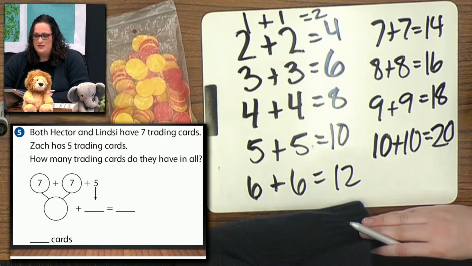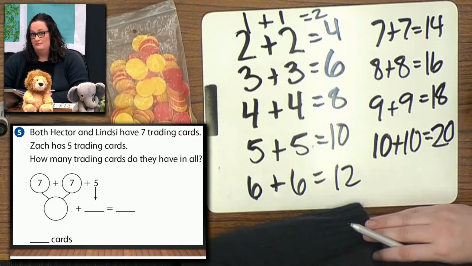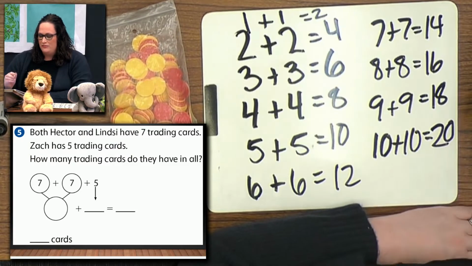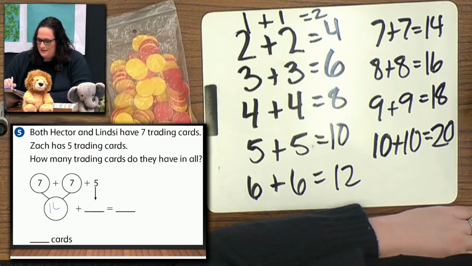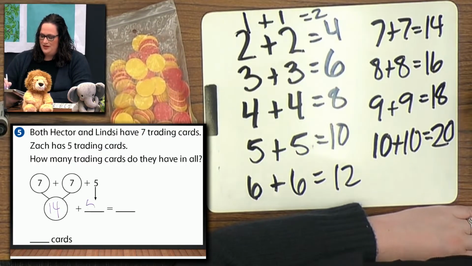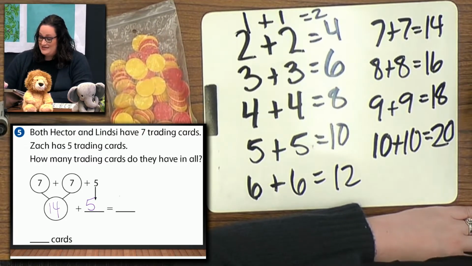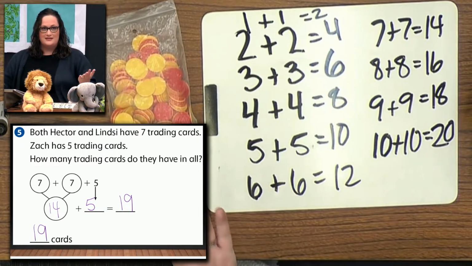Seven plus 7 is... Do you remember? Okay, 7 plus 7 is 14. And 14 plus 5 is 19. There are 19 cards.